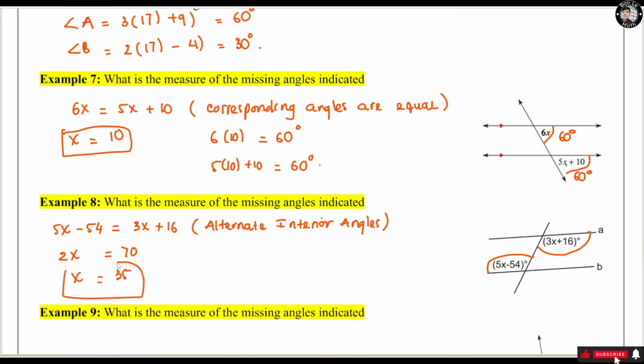Now we're going to substitute 35 for s into each of this one. So we have the first angle, 5 times 35 minus 54. It's going to be 121 degrees, right? And the second one, 3 times 35 plus 16, still 121 degrees, right?